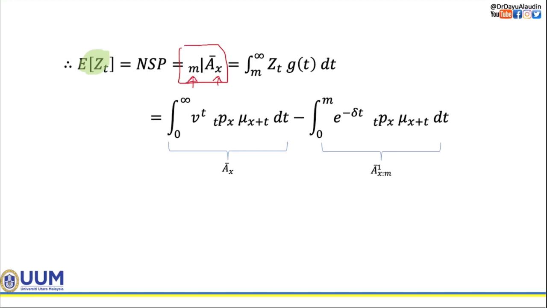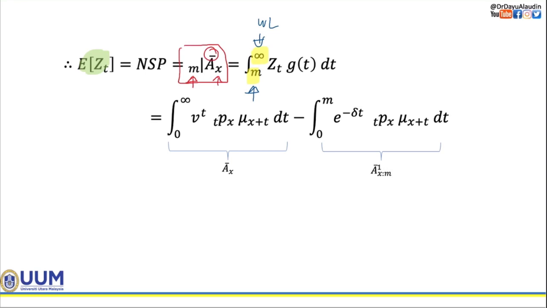And we have a bar because it is continuous. So we have to integrate from M to infinity. Since it is whole life, the upper bound is infinity. We start from M because the benefit is only paid starting from M years.